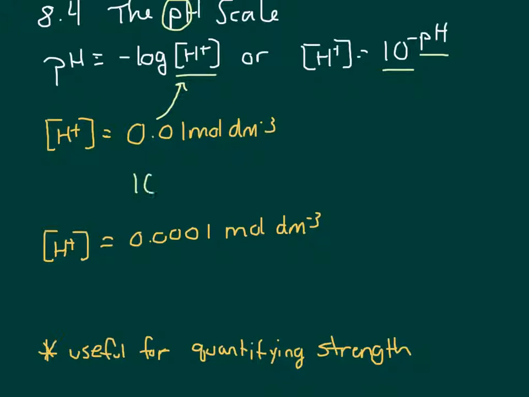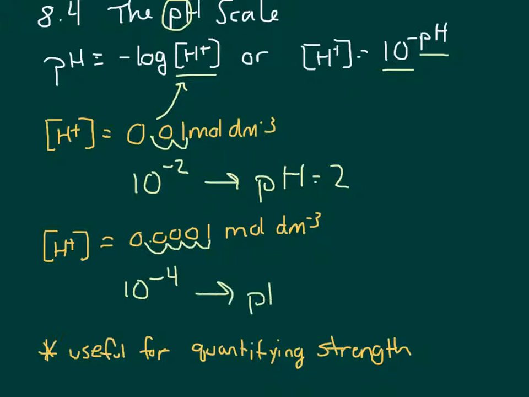So if we have 10 to the negative 2, that power is your pH. Therefore, your pH is 2. Let's look at the next one. So we have 10 to the negative 4. Therefore, our pH is 4.